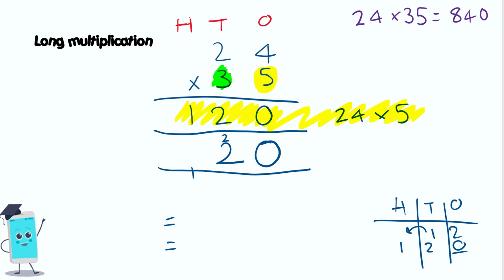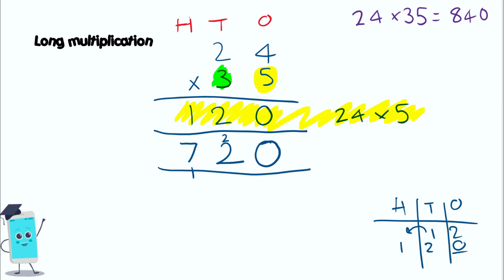Carry my 1. I don't need to worry about it being 120 because I've put my placeholder in. And now I can do 2 times 3, which is 6, and add my 1, which makes 7. Now actually we did 20 times 30, which is 600, plus 100 is 700, but it's automatically done that for us because of where we put our digits.